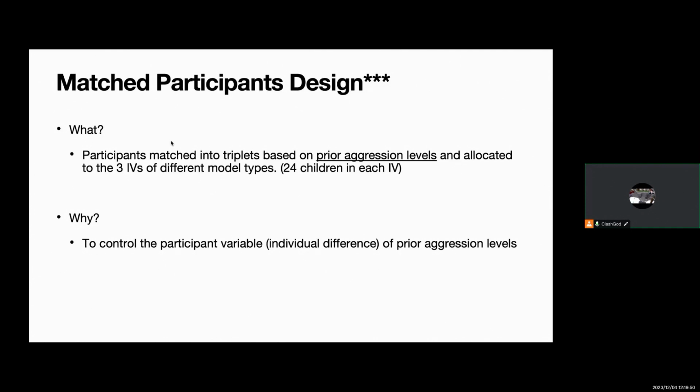In groups of 3. And for each person in each group of 3, we randomly allocate them into a different level of IV, a different model type: aggressive, non-aggressive, no model. So for each triplet, we randomly allocate each one of them to a different level of IV. And by doing so, we can make sure that the participants in each of the IVs have a similar level of prior aggression.